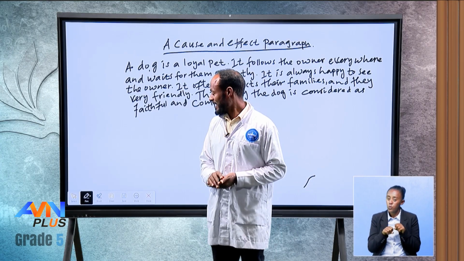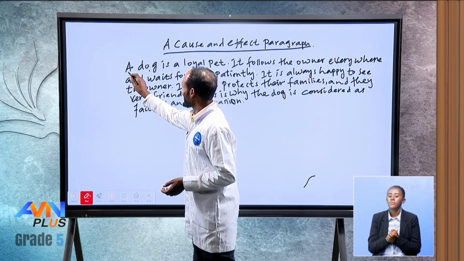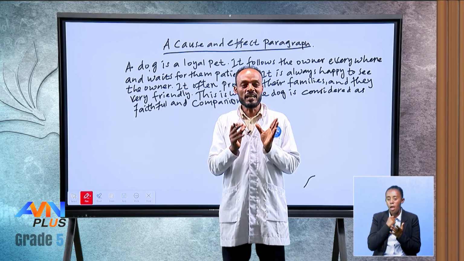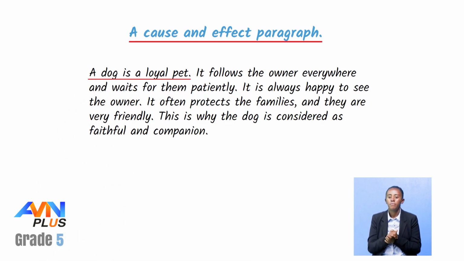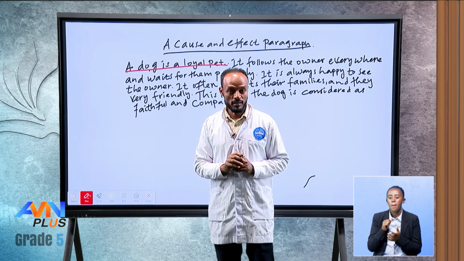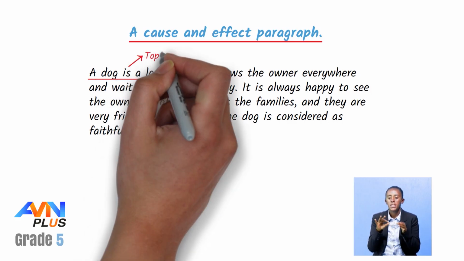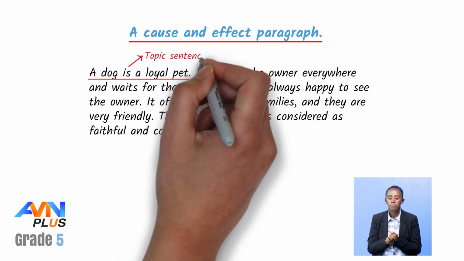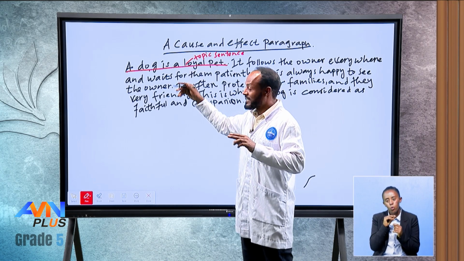So students, in this paragraph, a dog is a loyal pet. This one is the topic sentence. Is it clear? This one is general because we are going to talk about it one by one.